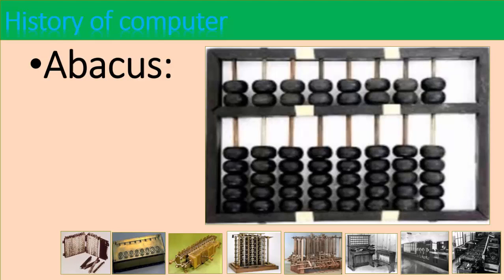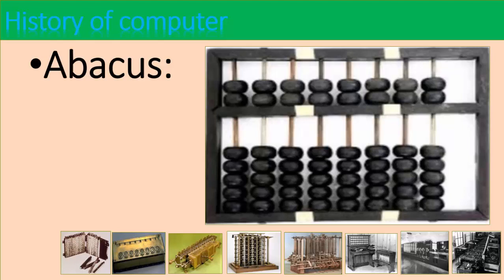The history of the computer begins with the birth of the abacus, which is believed to be the first computer and was invented by the Chinese around 4,000 years ago. It was a wooden rack which has metal rods with beads mounted on them.